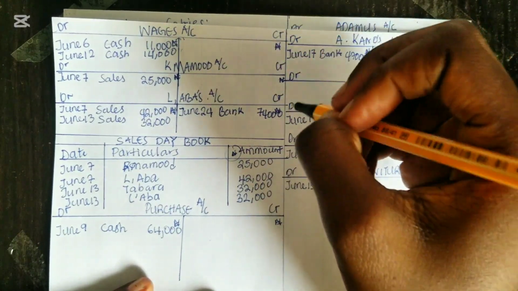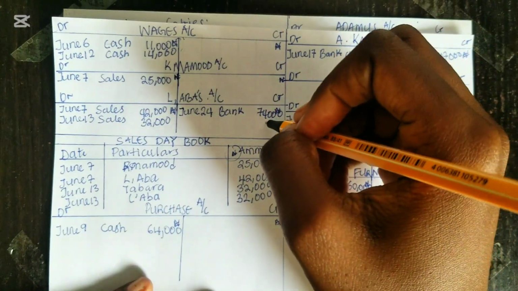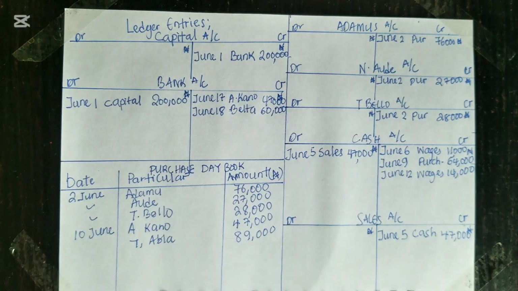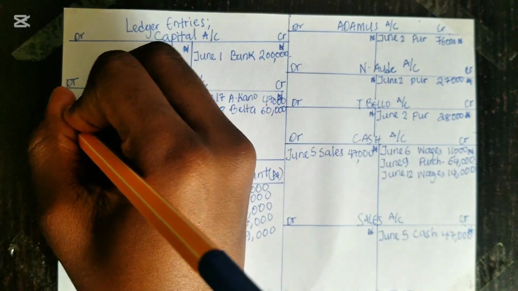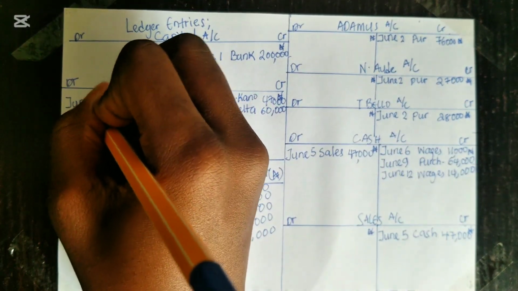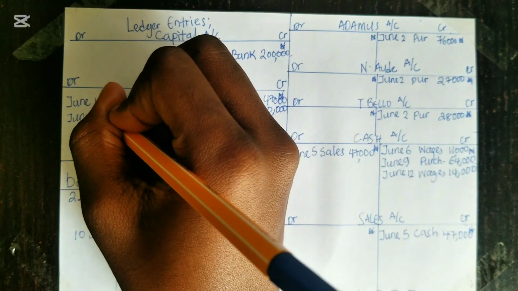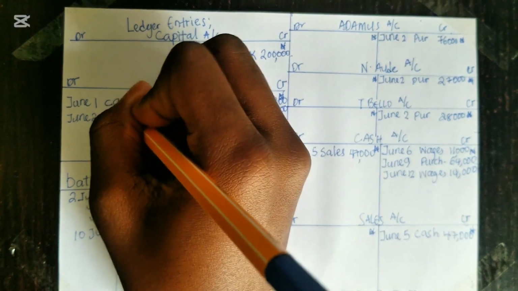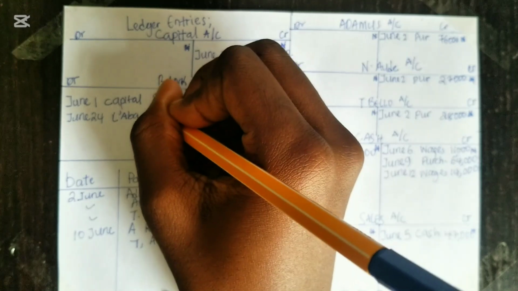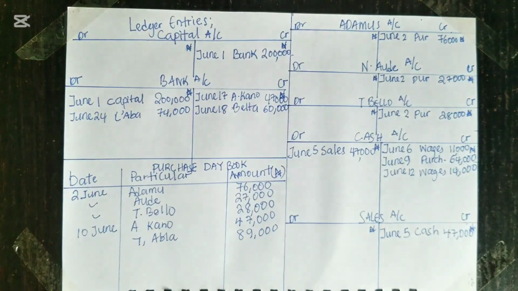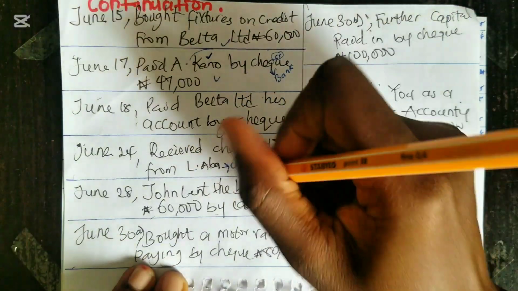So in our bank account, we're going to debit it with 74,000 naira. We're going to write June 24, and the name of the account, El Abba, 74,000 naira. So we have done this.